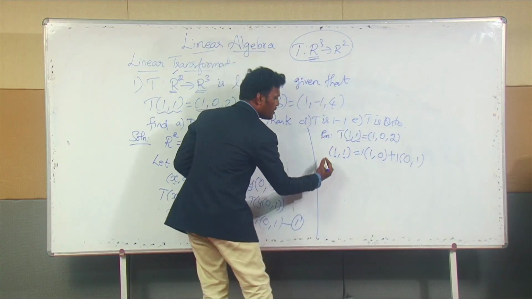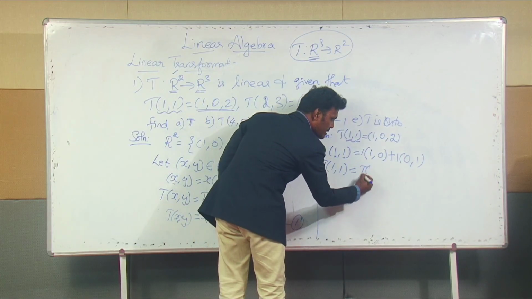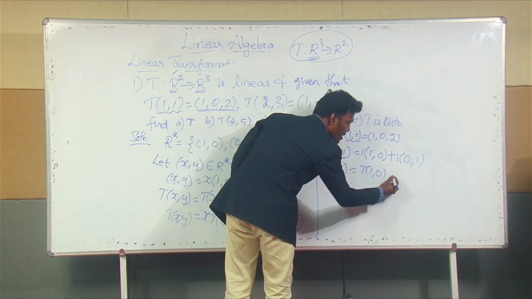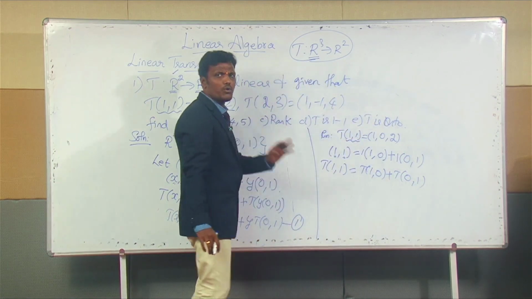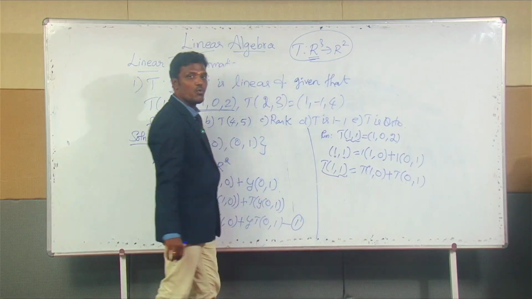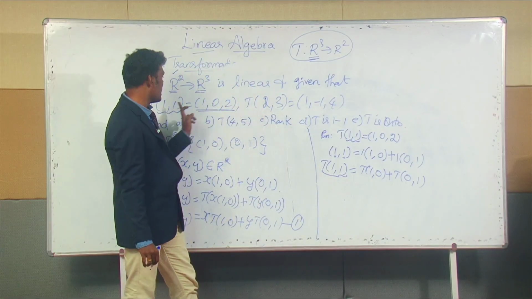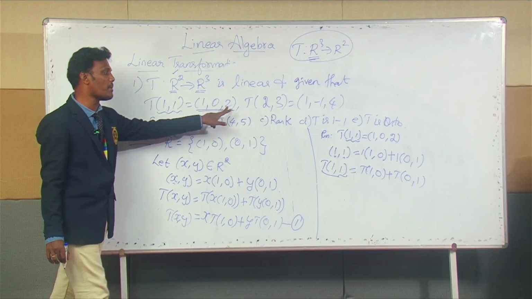Now applying T on both sides, T of (1,1) is 1 times T of (1,0) plus 1 times T of (0,1). You already know the data: T of (1,1) is given in your question as (1,0,2).